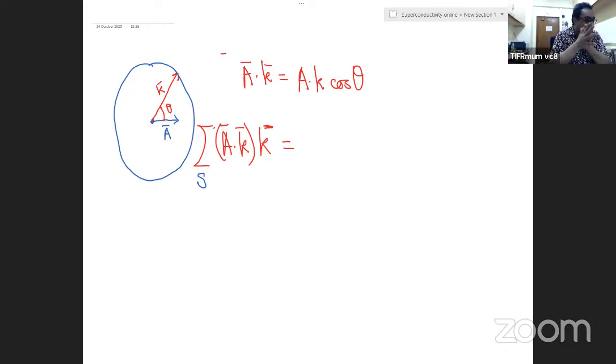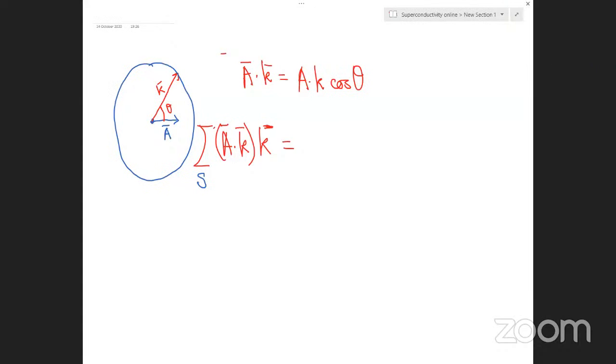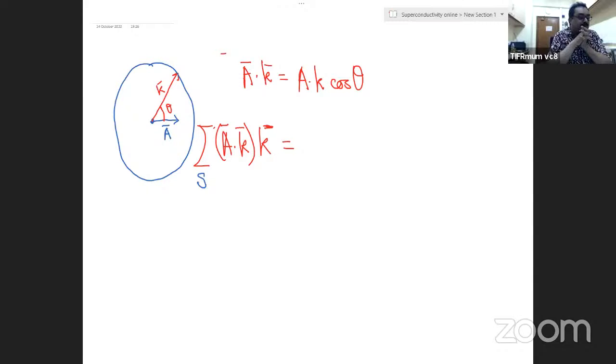Tell me, think better. One thing we can do, we are averaging over the cos theta for all theta, and it will give you 0. In that case, it will not give you 0. Okay, let me think.